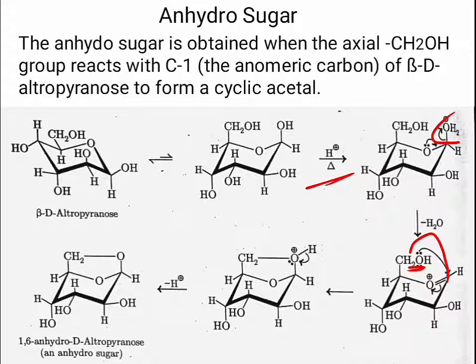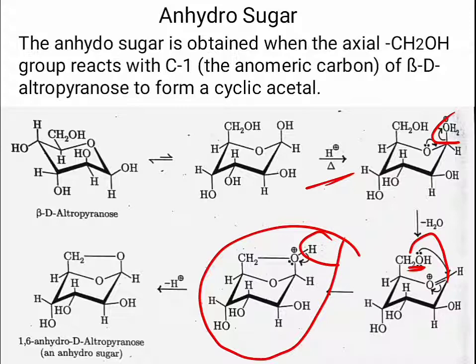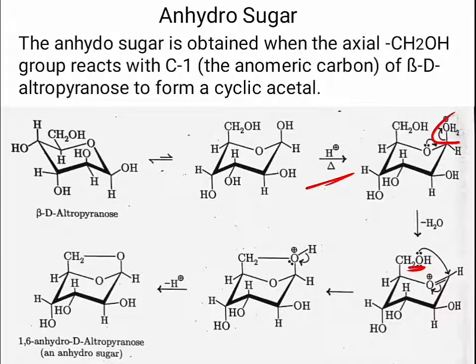So ultimately this structure will be formed, and after the deprotonation you will get this anhydro sugar, 1,6-anhydro-D-altropyranose. This is called anhydro sugar, where this CH2OH is forming a bond with this anomeric OH. Actually this is an internal conversion, where one molecule of water is ejected from this molecule. That's why this is called anhydro sugar.